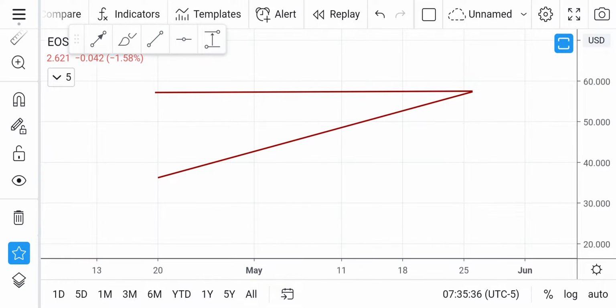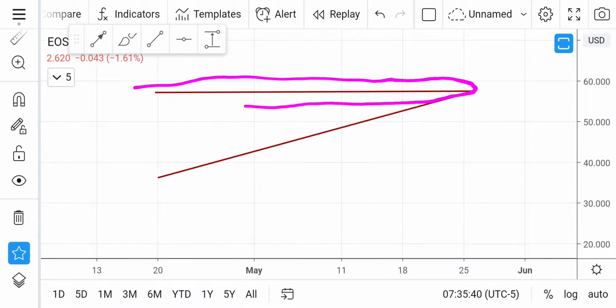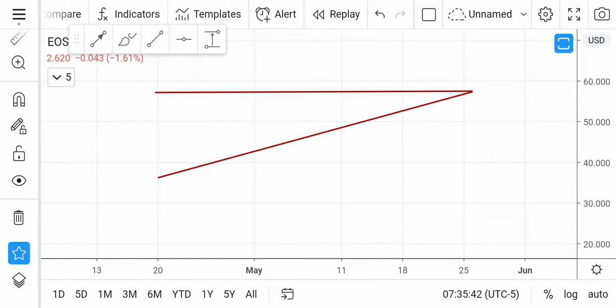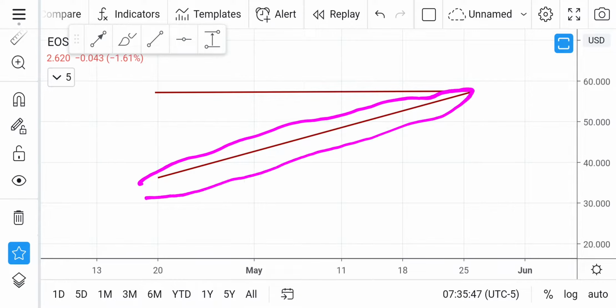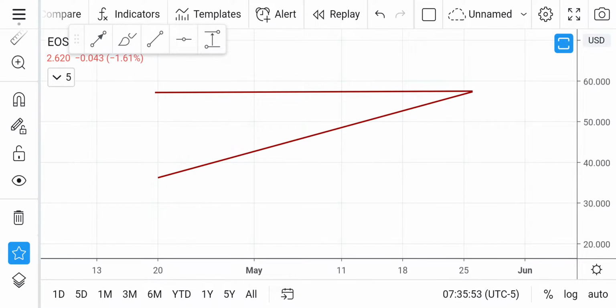So you have your resistance over here. This area over here is your resistance, and this rising trend line is going to be acting as your support, like a wedge that is supporting price.